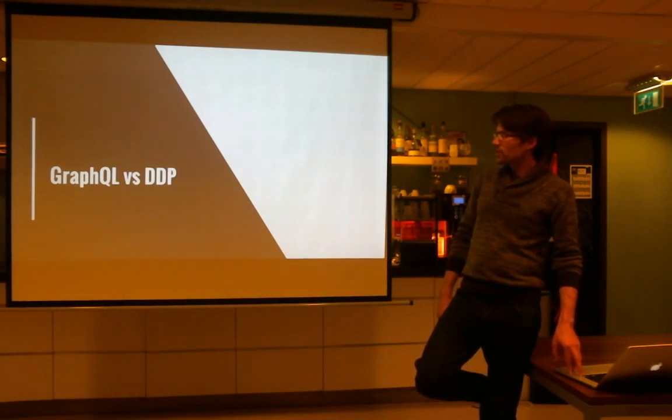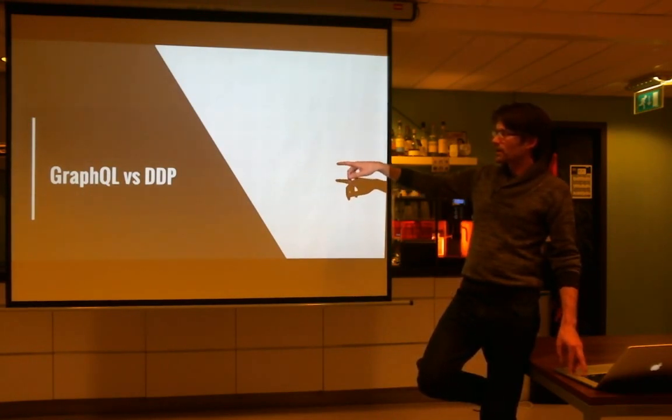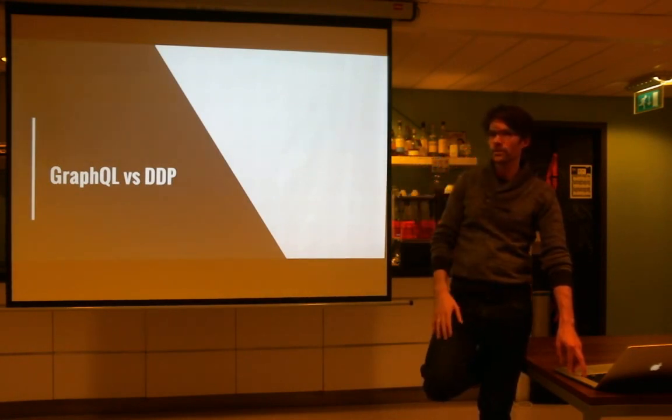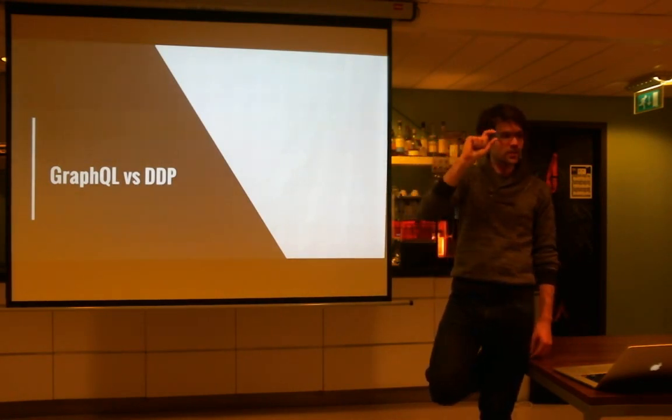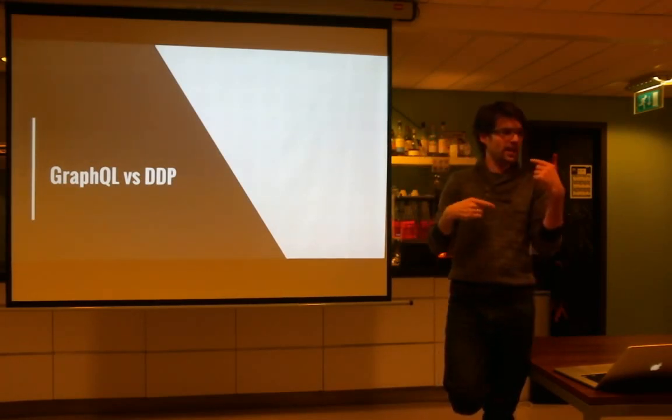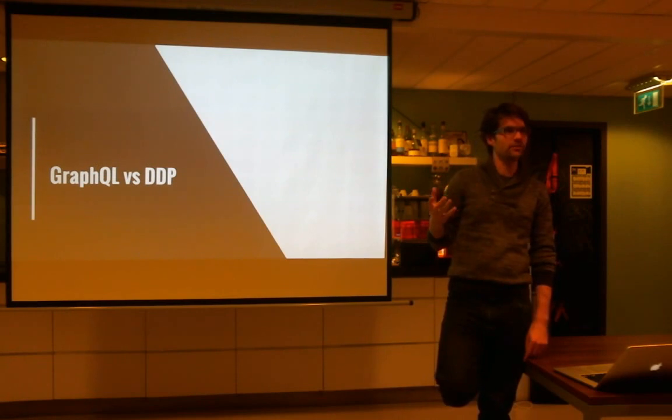So now we have GraphQL, but we also have DDP in the case of the planning that Bob was talking about, because all the information about the hours and the events and the projections, that's done via DDP.